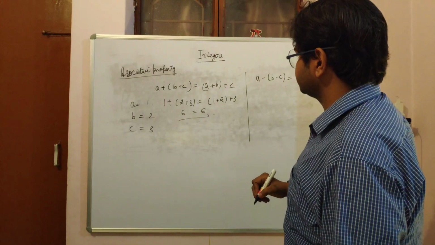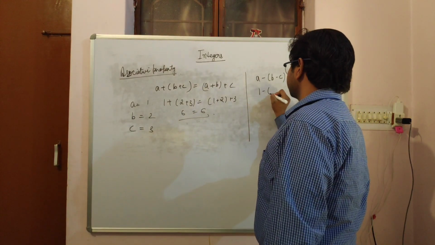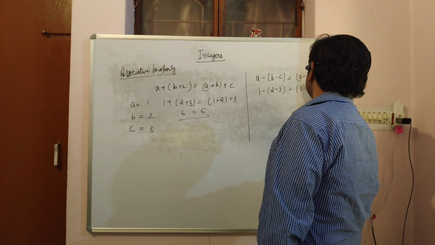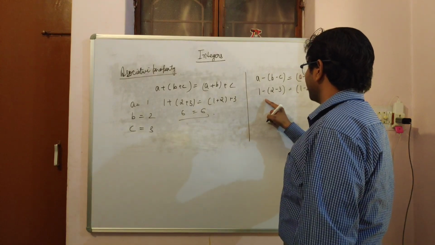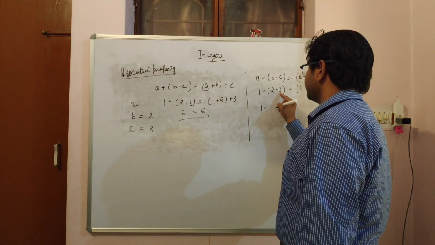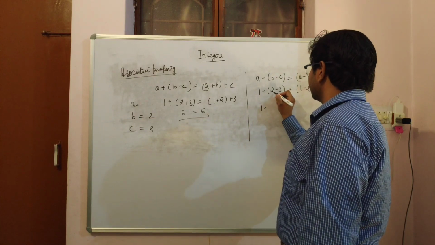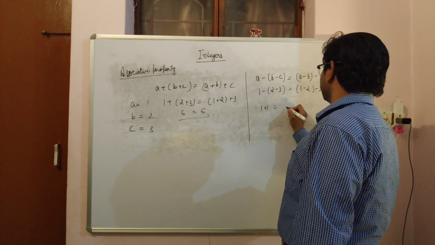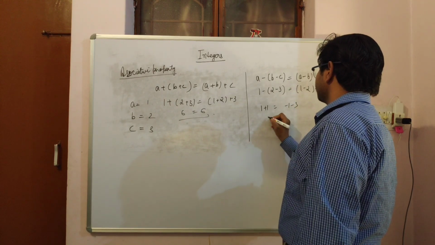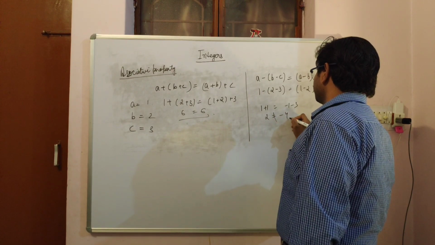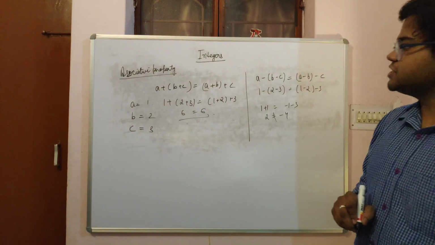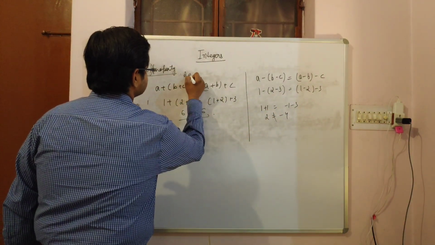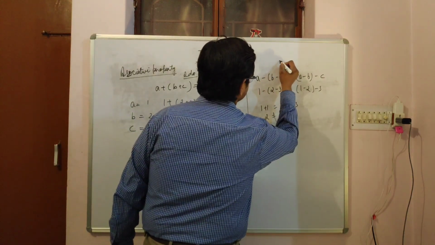Now let us put the values and let us check. 1 minus 2 minus 3 equals 1 minus 2 minus 3, grouped differently. What will be the result here? 1 minus 2 will be minus 1, and minus 1 minus 3 will be minus 4. Here 2 minus 3 will be minus 1, and 1 minus minus 1 will be 2. 2 is not equal to minus 4. So associative property for integers holds good for addition, but it doesn't work for subtraction.